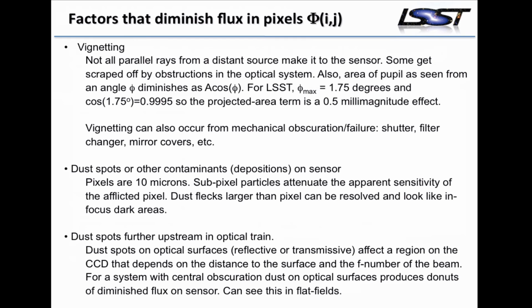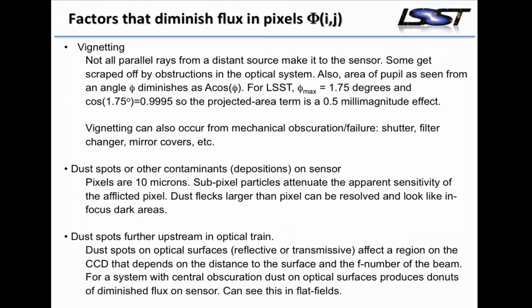There are other things that can obscure rays making it through. The shutter can fail, the filter changer can put things in the wrong position, maybe the mirror covers don't open all the way, maybe the dome hasn't rotated to the right place so you're vignetted by the shutter. All those things happen. At a more microscopic level, the sensor surface is contaminated by dust spots or depositions of chemical contaminants.